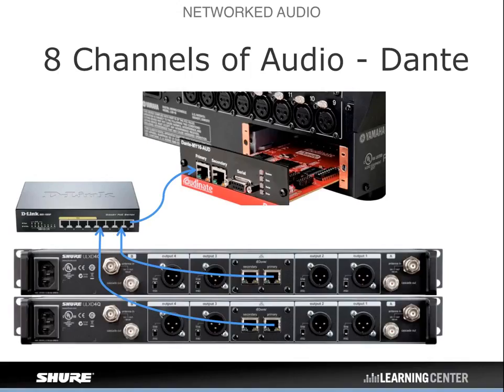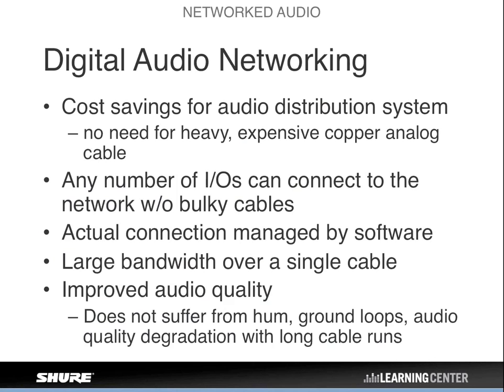And then all of your audio patching is done in software. You just have to get these devices on the network. Physically, it doesn't matter which port on the switch they're plugged into, or where in the building they're located. Once they're on the network, they become available for routing purposes.